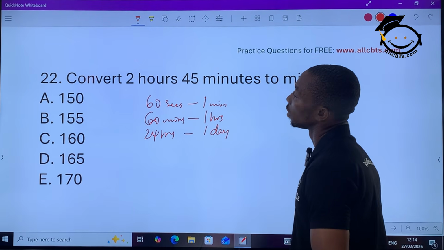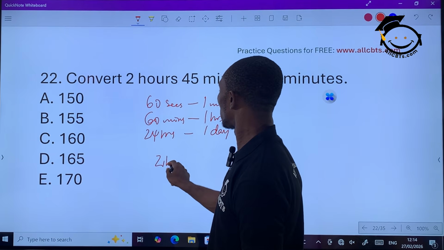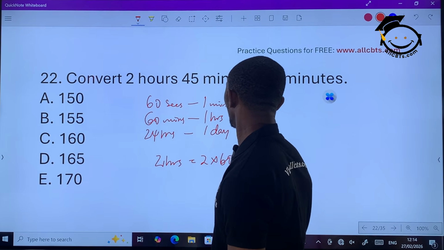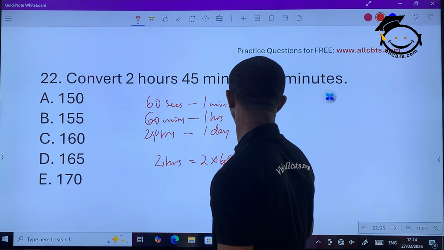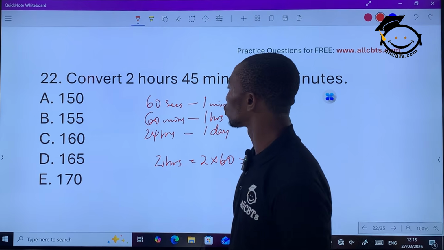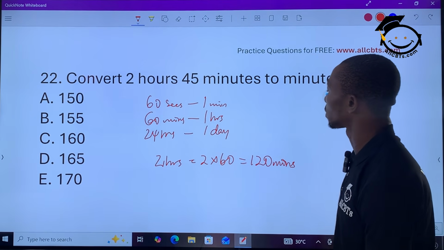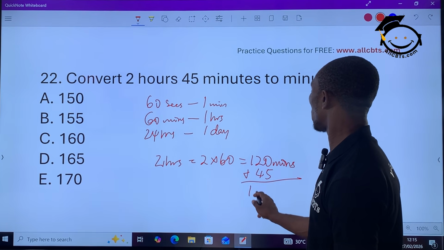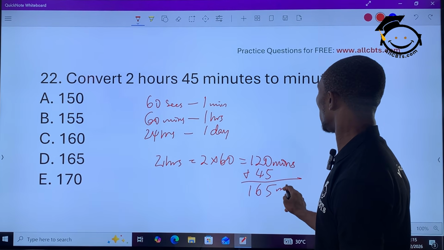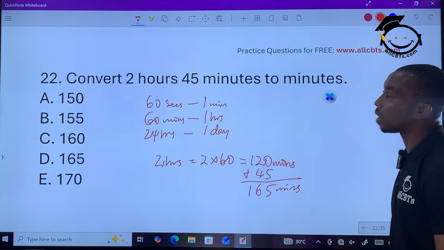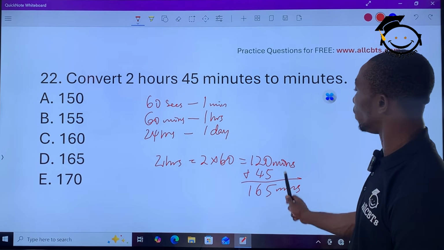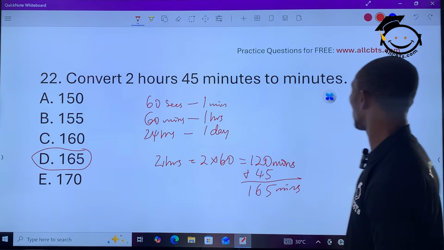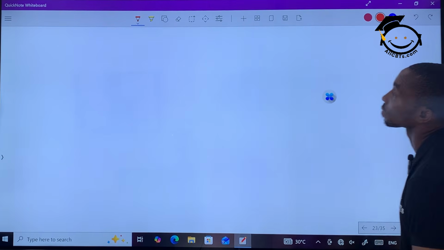Okay, now since we are having 2 hours, that will be 2 times 60, giving us 120 minutes. So 2 hours will be 120 minutes plus our 45 minutes would give us 165 minutes. So our 2 hours 45 minutes would be equal to 165 minutes in total.